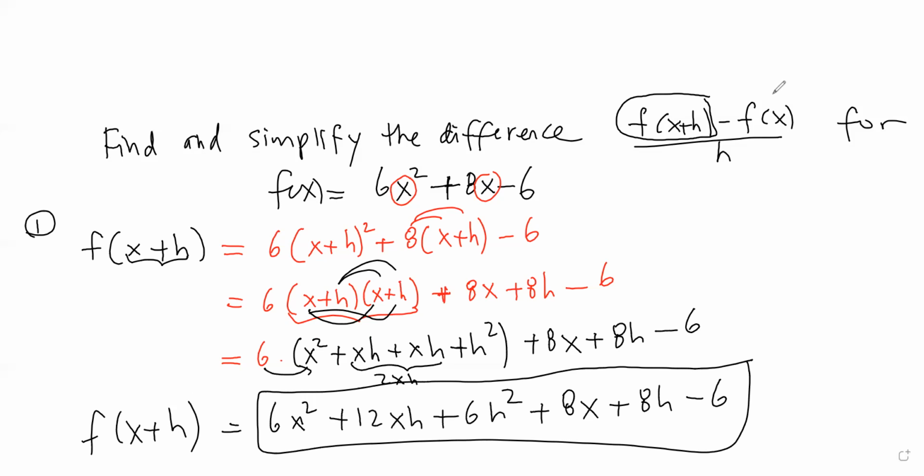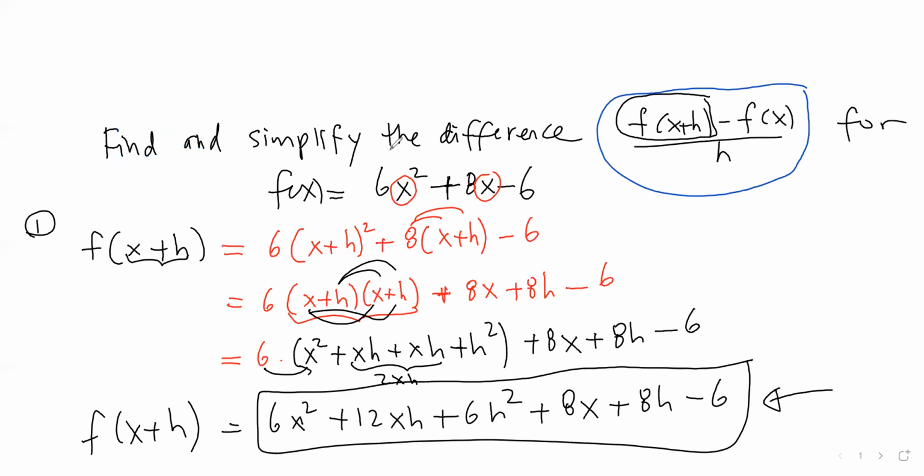Okay, now we're subtracting f of x from what I just found, right? So I'm slowly forming the difference, and then I will divide by h, right? So let's do that on the next page. Okay, so let's just take this.